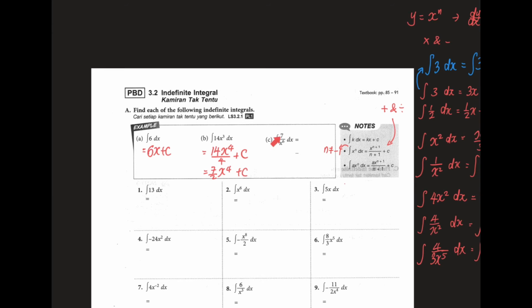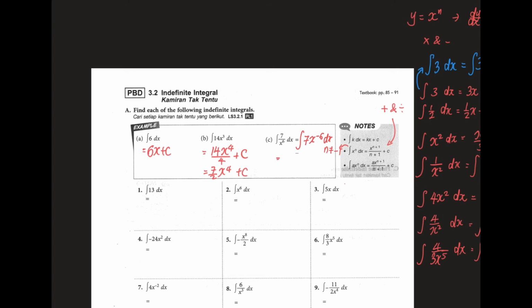Okay, now question C. Question C, 7 over x to the power of 6. So we need to bring up the power 6 first before we use the formula. So we will get 7x to the power of negative 6.